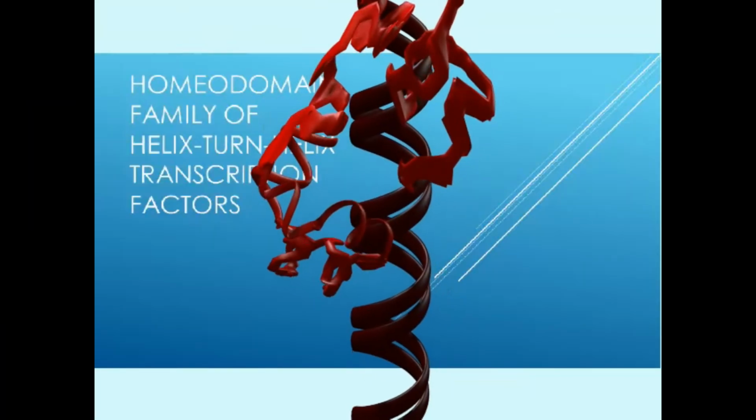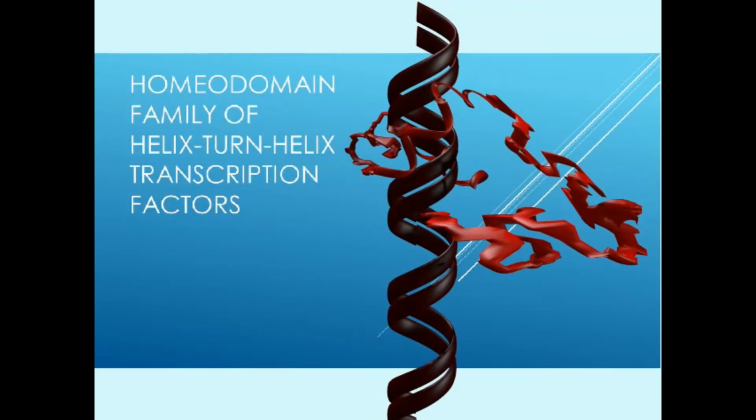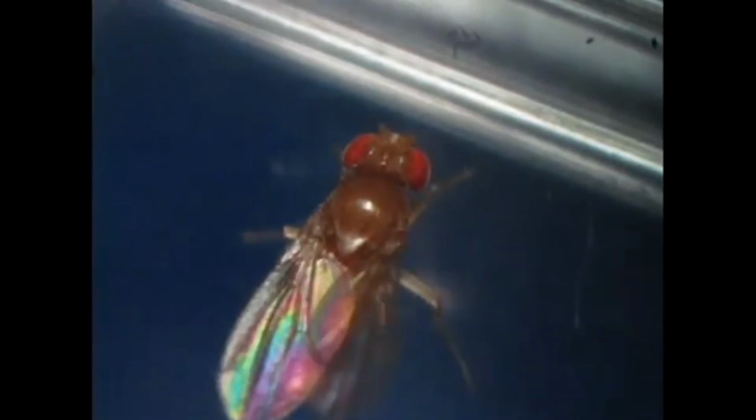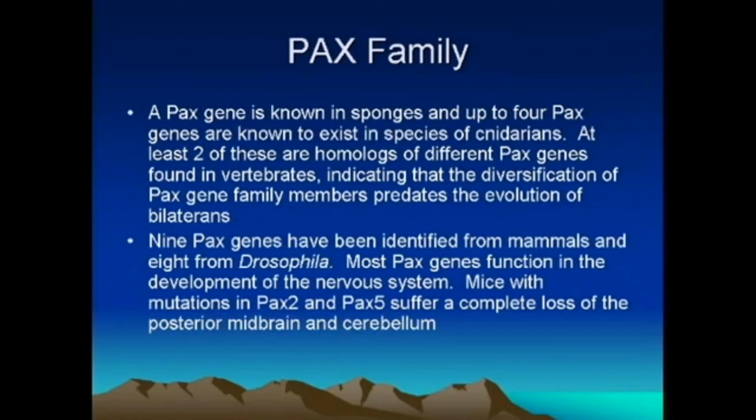Many other genes link complex vertebrate eyes to those more primitive eyes of invertebrates. When invertebrate embryos are using homeodomain genes to signal embryonic cells to put an eye here, to differentiate photoreceptors in this region, they use genes which are homologous to the genes that vertebrate and human embryos use as well, such as those of the SIX and PAX gene families.